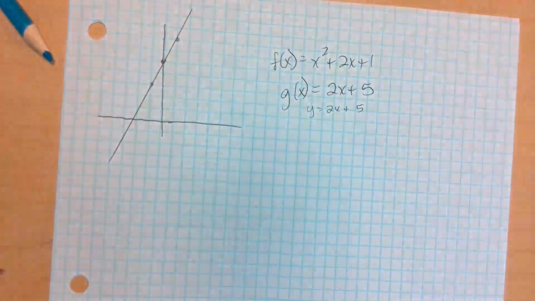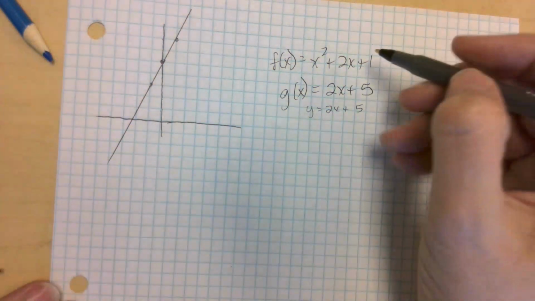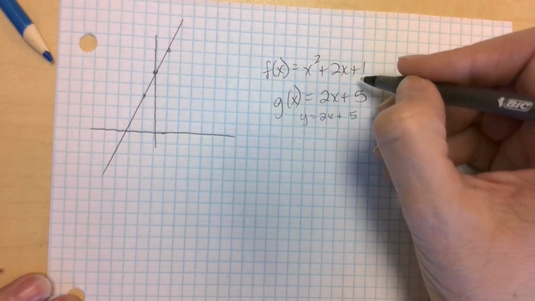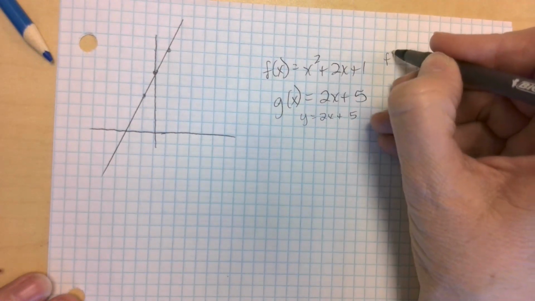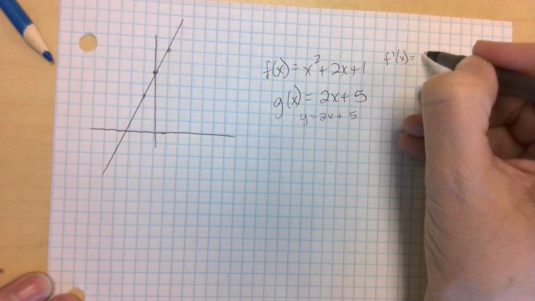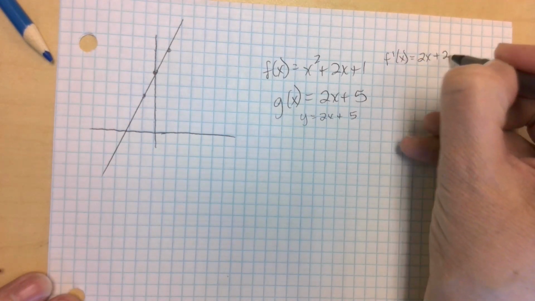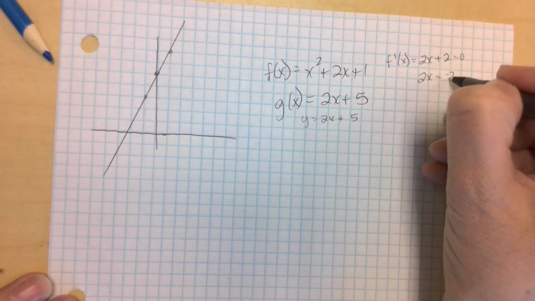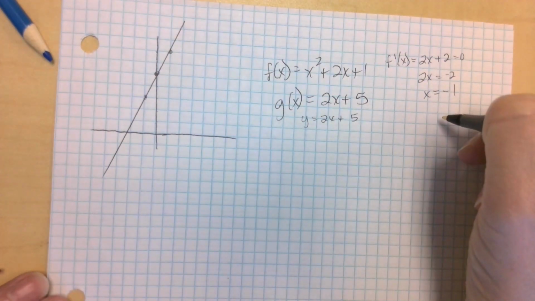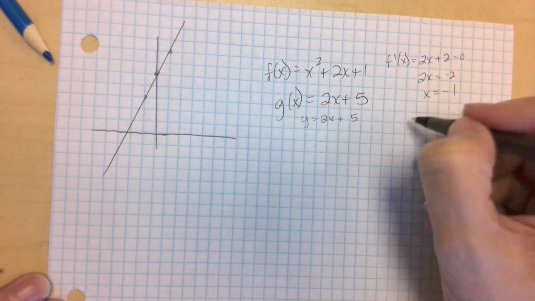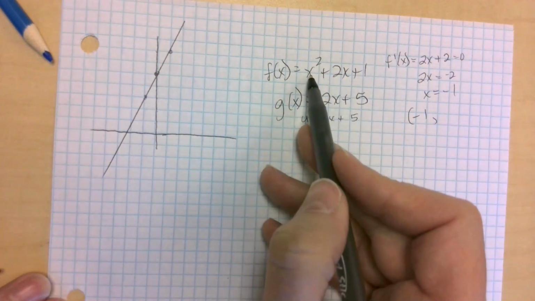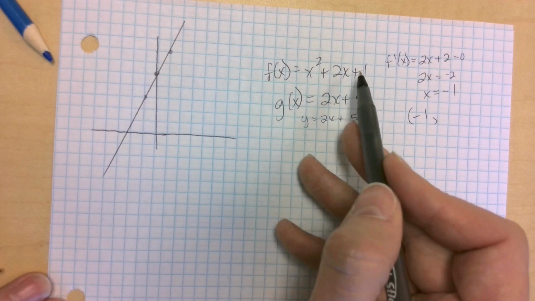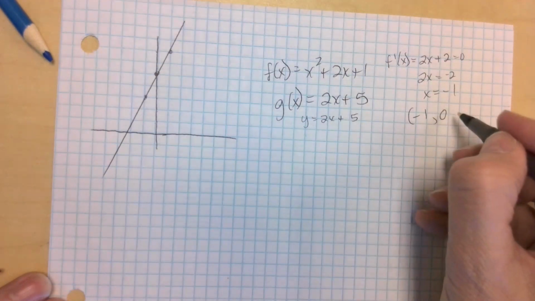Now, this one, I'm going to use a little bit of calculus. It is a parabola, but remember, where the derivative equals 0 is where the vertex is, right? So 2x plus 2 equals 0, 2x equals negative 2. X equals negative 1 is actually where the vertex is. And the y value would be 1 minus 2, negative 1 plus 1 would be 0.